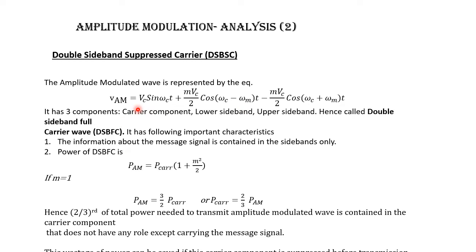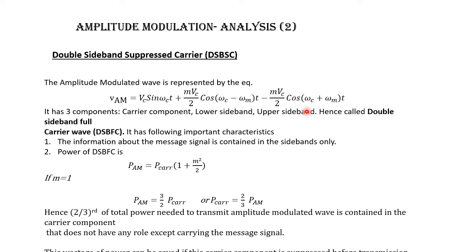In this equation, the first term Vc sine omega Ct is the carrier part of the amplitude modulated wave. The second term, which has cos (omega C minus omega m) t, is the lower sideband with the frequency Fc minus Fm, where Fc is the frequency of the carrier wave and Fm is the frequency of the message signal.